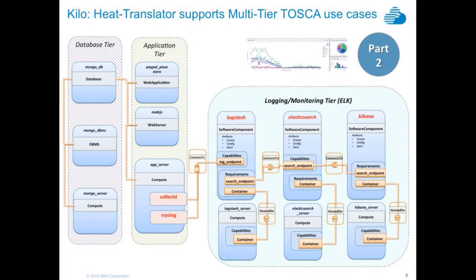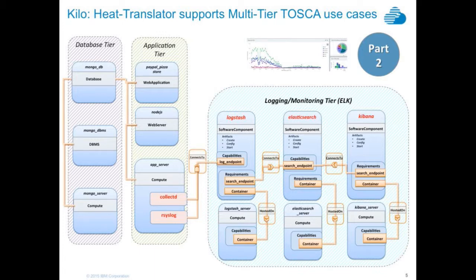The other thing I would like to mention is the application server. That's where you see the 2 new components, collectd and rsyslog, installed. For the sake of brevity, I haven't provided the modeling here, but they are installed with the same modeling, hosted on the app server.